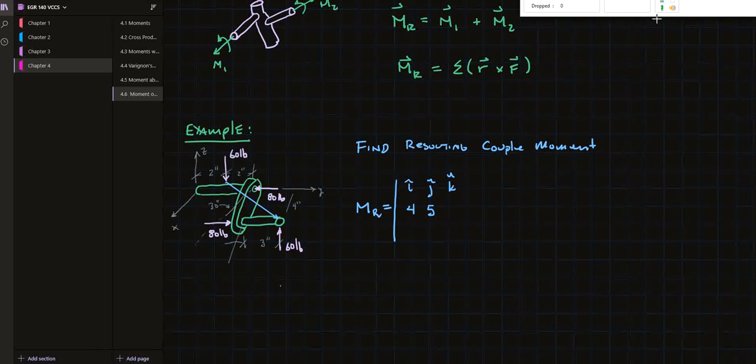Oops, this isn't 4 in the x direction, this is 4 at an angle down from the y axis. So we actually have to do a little bit of trigonometry here. In the x direction, this is going to be 4 cosine 30 degrees. And then in the z direction, it's going to be minus 4 sine of 30 degrees.